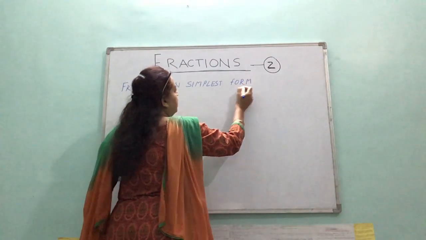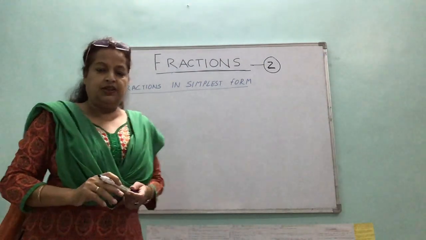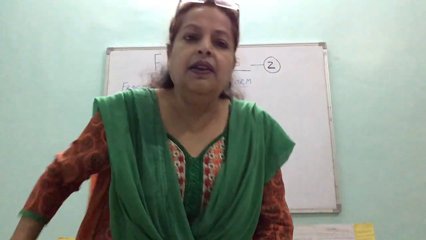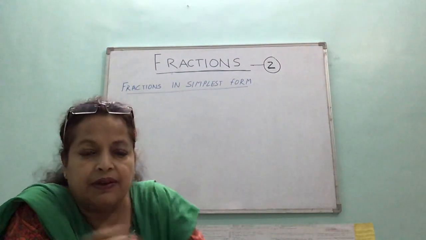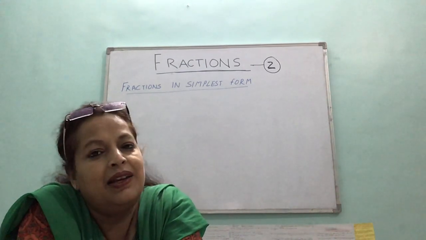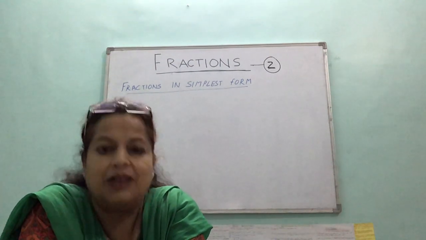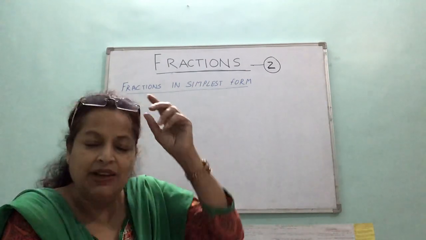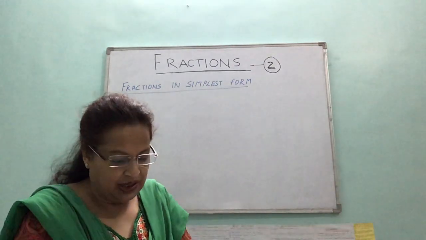If we divide both numerator and denominator by their HCF, then we'll get the fraction in the simplest form. And if we have to tell whether the fraction is in simplest form, then the HCF of both numerator and denominator should be 1. That means no other common factor. Highest common factor is 1. Very, very simple. In HCF you all know how to take it out. So that is the method which I am going to follow.